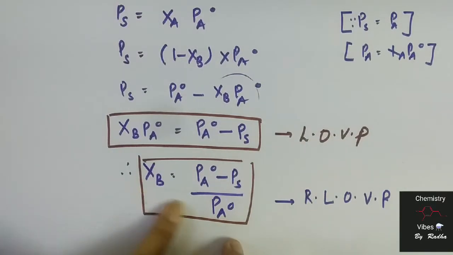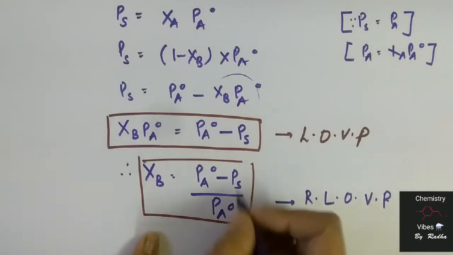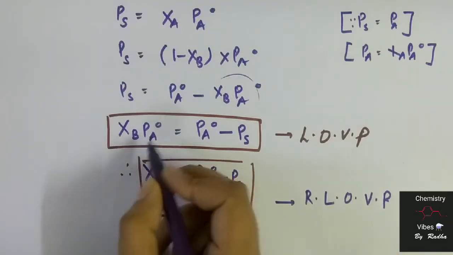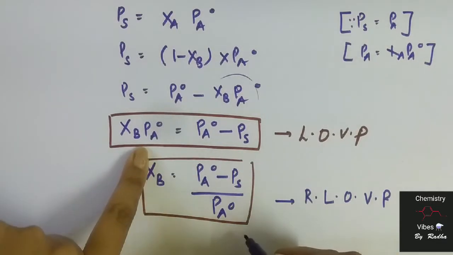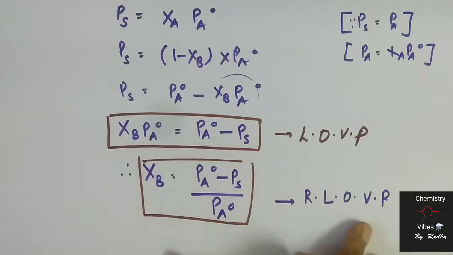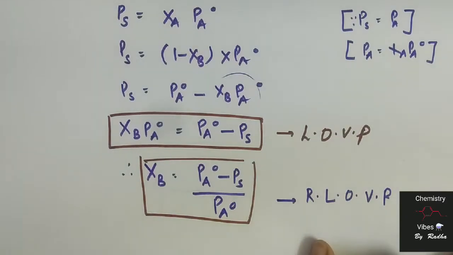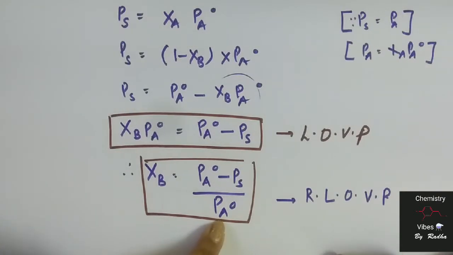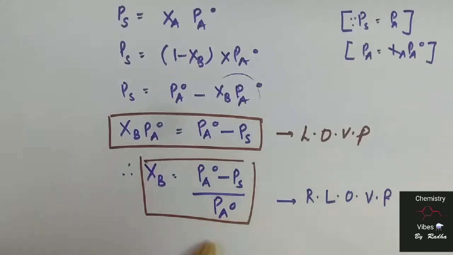Now XB stands for the mole fraction of B. When you calculate XB from this formula, PA naught is in the denominator. This is the relative lowering. Relative means we compare it with something. We are comparing it with the pure liquid A, PA naught.